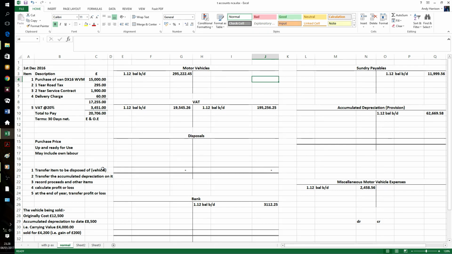So in order, first of all, transfer the item to be disposed of. The general rule is drop down boxes in exams, of course, whatever you actually get, or companies will have their own style of writing these as journals.